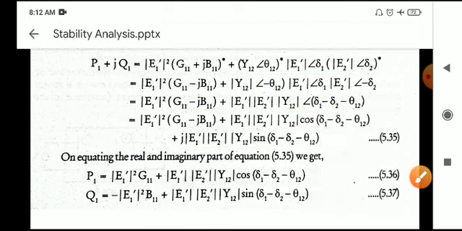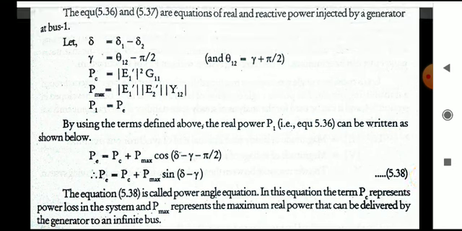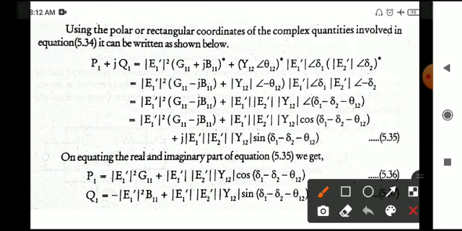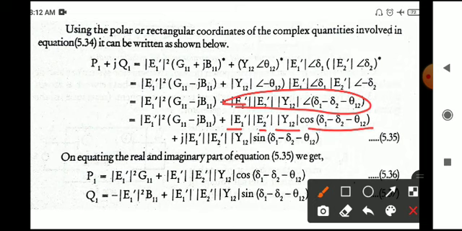So the angle delta 1 minus delta 2 minus theta 12 term can be written as modulus E1' E2' into modulus Y12 cos of delta 1 minus delta 2 minus theta 12, plus j, the same term, modulus E1' E2' into modulus Y12 into sin of delta 1 minus delta 2 minus theta 12.